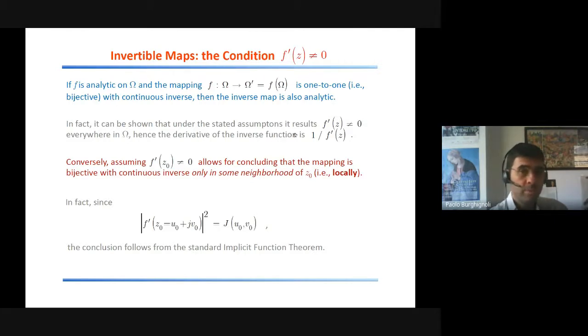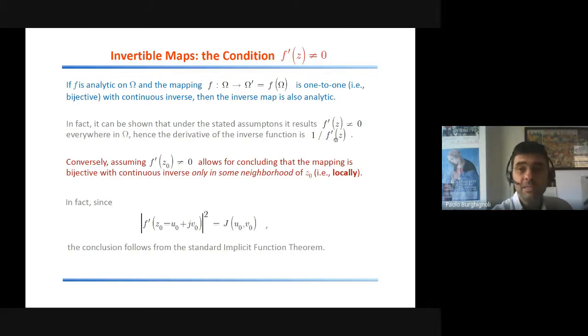As you know from elementary calculus, the derivative of the inverse function is nothing but the reciprocal of the derivative of the direct function, so it is equal to 1 over f prime. That's why it's important that f prime is different from 0: you need to calculate this ratio, and so the denominator must be different from 0.